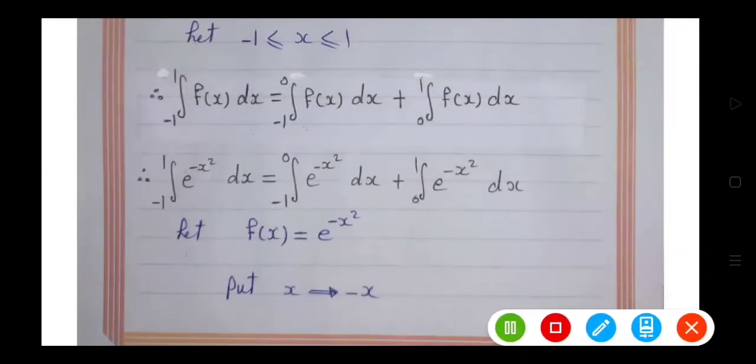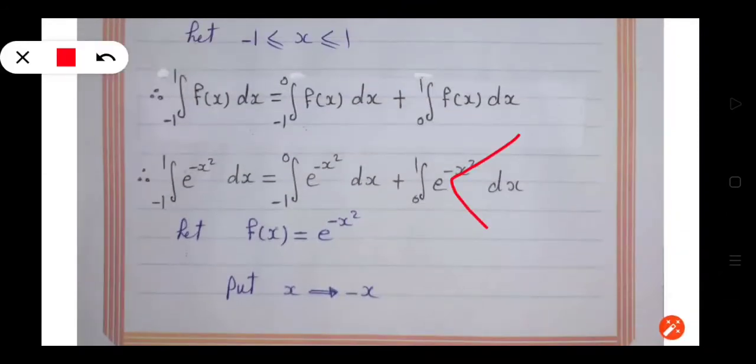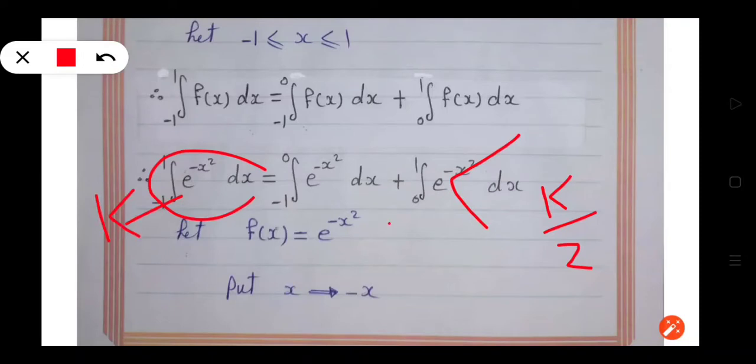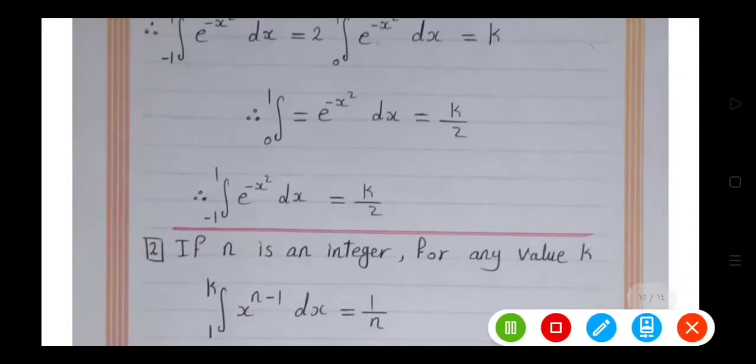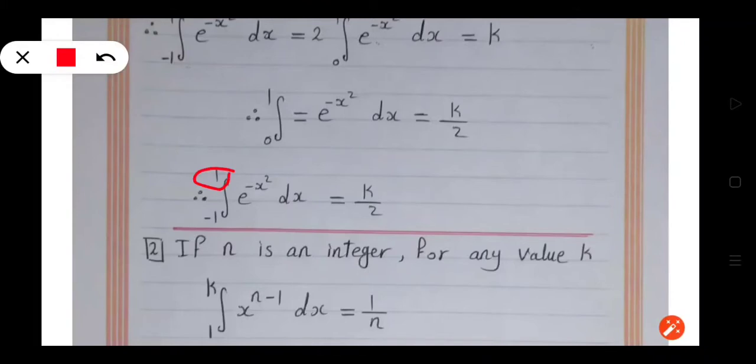Now this part equals k over 2 and the total integration equals k. So the integration from negative 1 to 0 of e power negative x squared dx equals also k over 2.